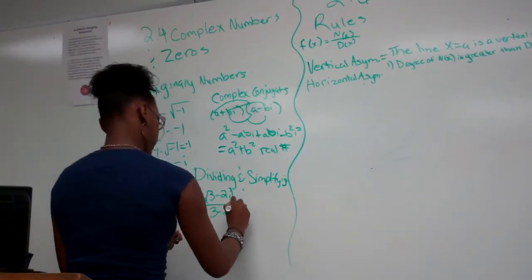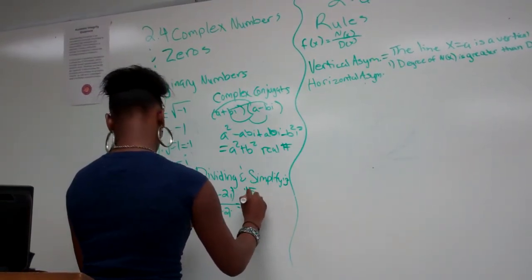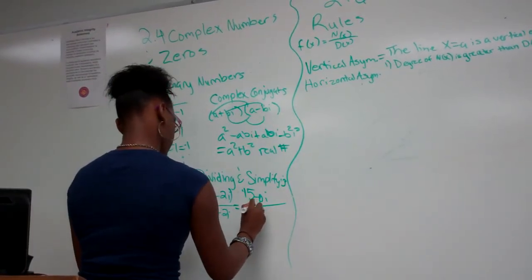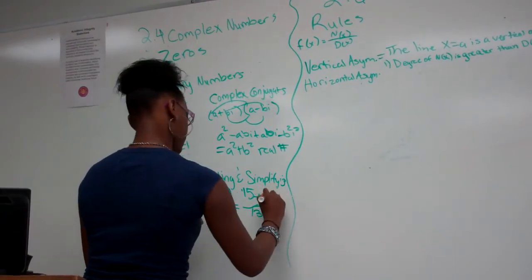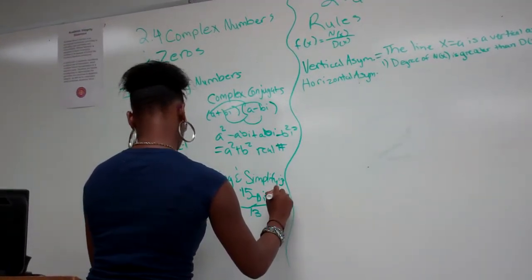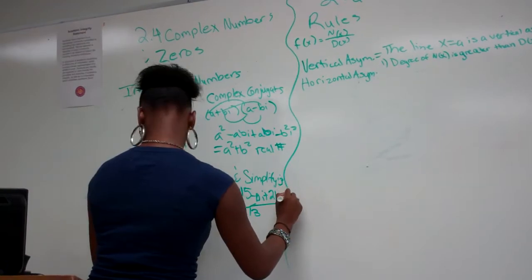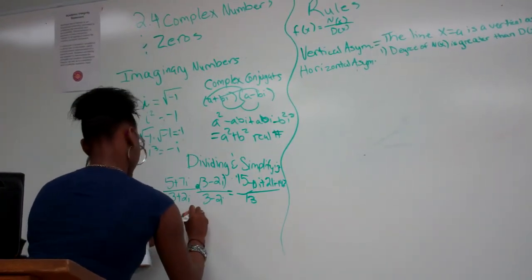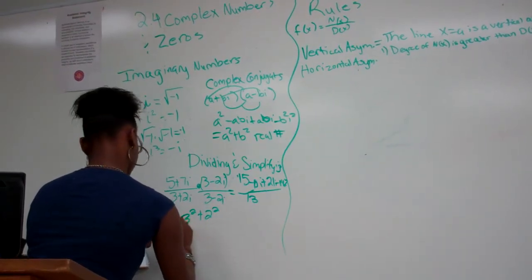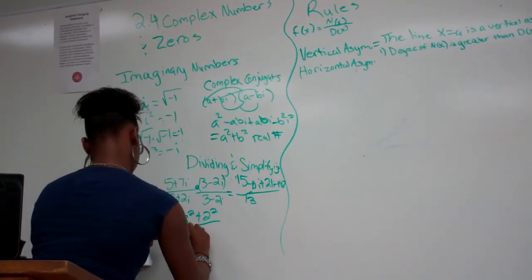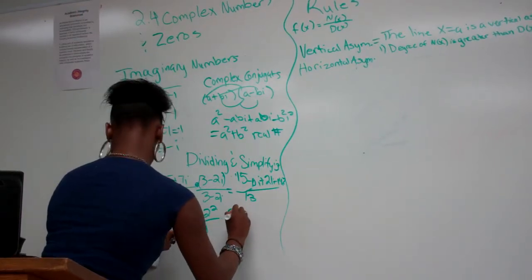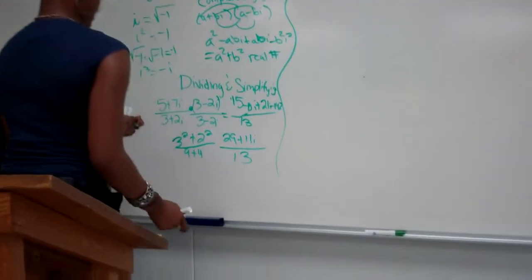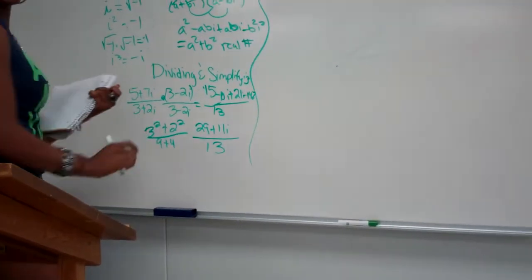And that would equal 15 minus 10i plus 21i minus 14i squared over 3 squared plus 2 squared, which is 13. So that gives you 29 plus 11i over 13. So the denominator no longer has an i in it.